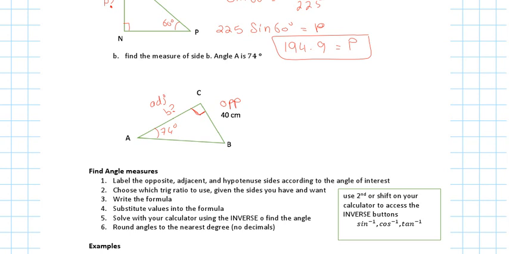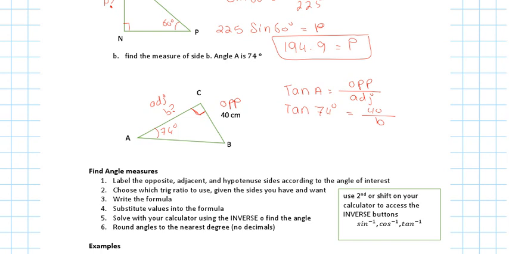Tan. Perfect. So tan A is equal to opposite over adjacent. Now I'm going to fill in the numbers that I have. So tan 74 equals 40 over B. What do you do to solve for B?